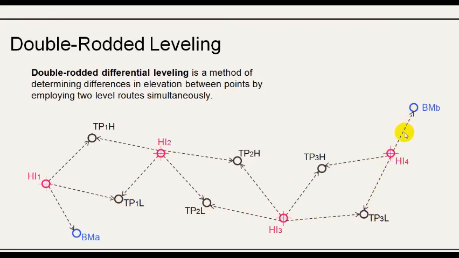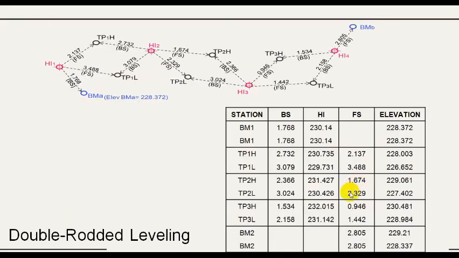So in our double-rodded leveling notes, instead of just one, we have two at our turning point 1. For this one, BMA has an elevation of 228.372.